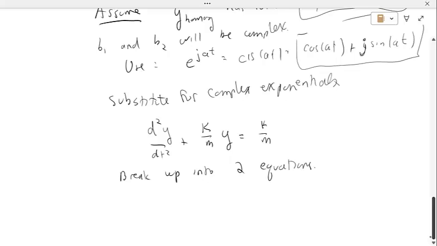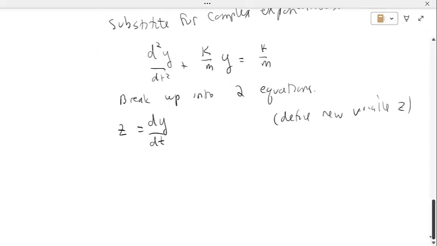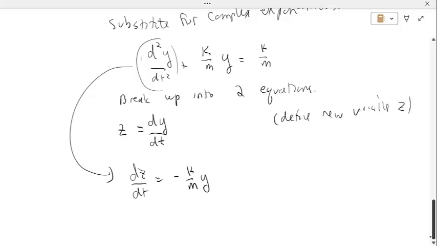Okay, and the two equations are dy dt equals z. I'm going to define a new variable. Now, since z is the first derivative, this d squared y dt squared becomes dz dt, right? Because I'm taking the derivative of the derivative. And then I can write the other terms on the other side, so that's minus k over m y plus k over m.